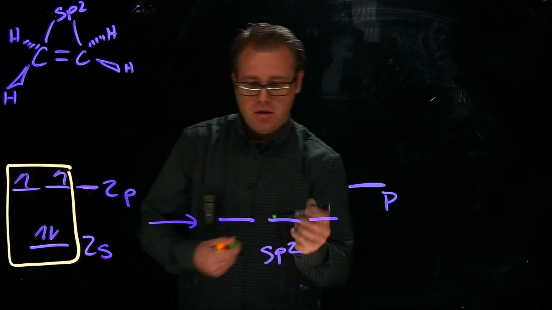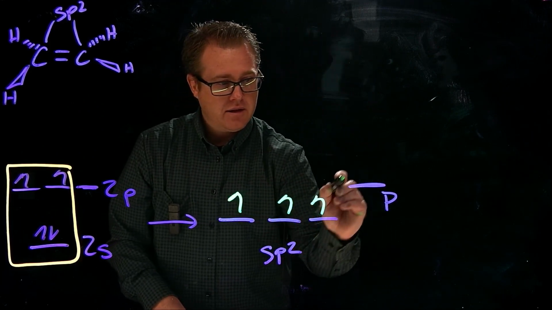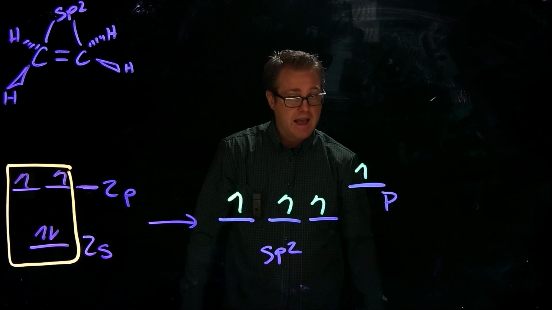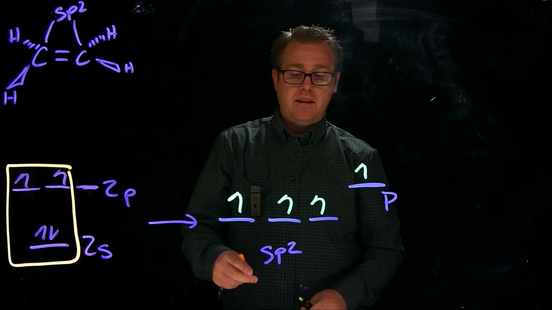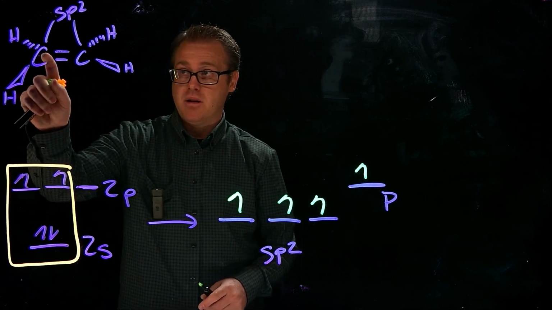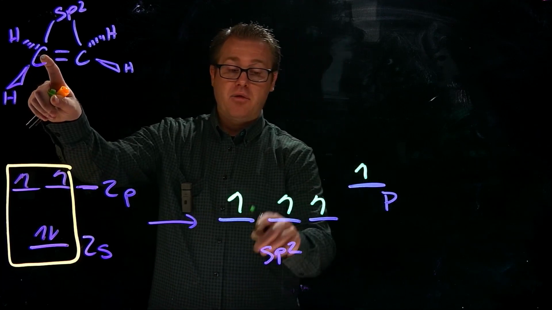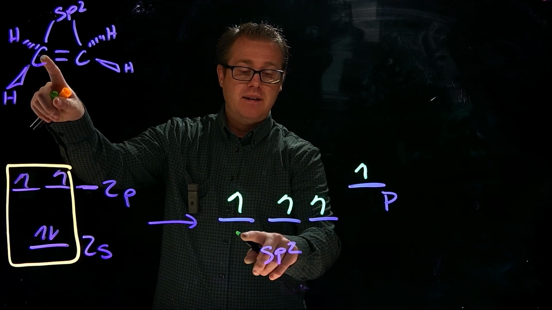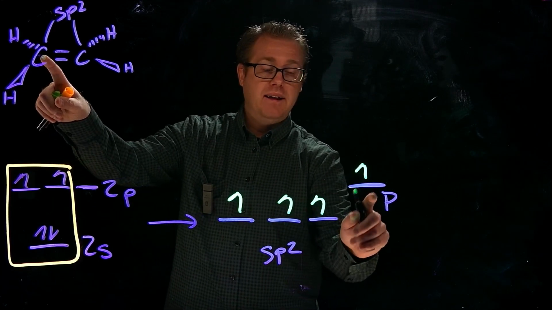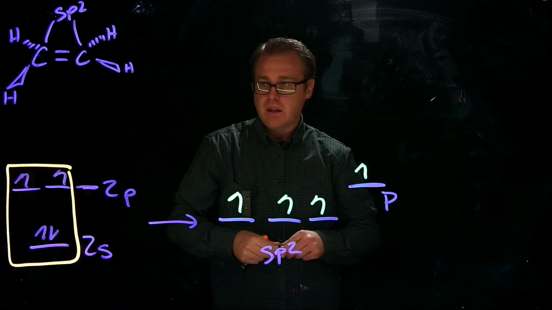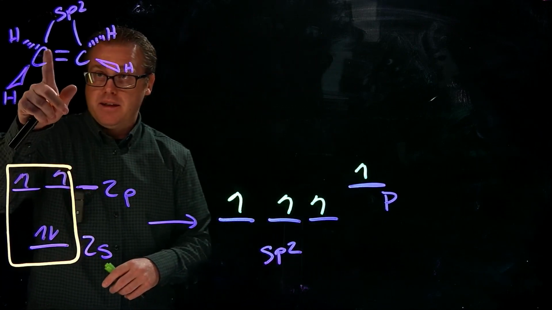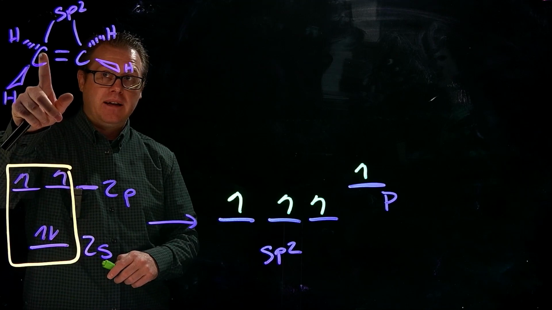And we fill in the electrons just like that. So that's showing us that this carbon has 3 electrons in sp2 hybridized orbitals and 1 electron in a p orbital. All right? So this carbon is sp2 hybridized.